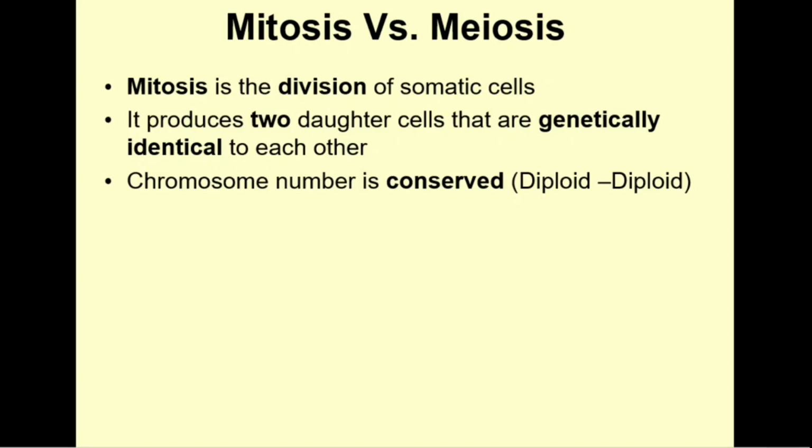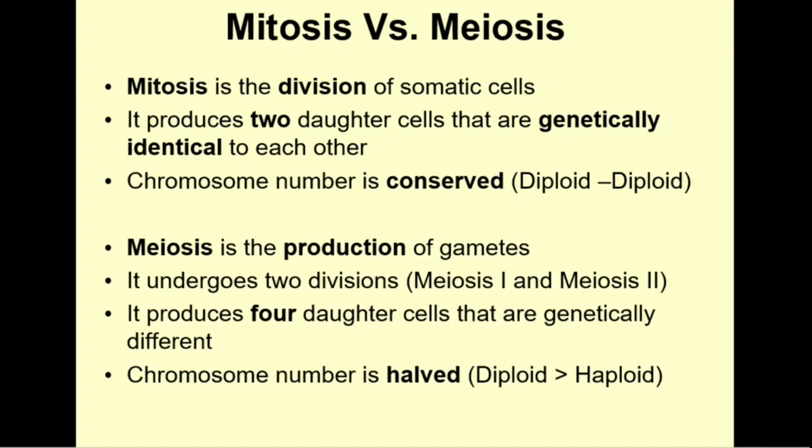The parent cell is diploid, having two complete sets of chromosomes, and because we go through DNA replication during the S stage of interphase, when that parent cell divides into two, we get two daughter cells that are also diploid. So it conserves the number of chromosomes.